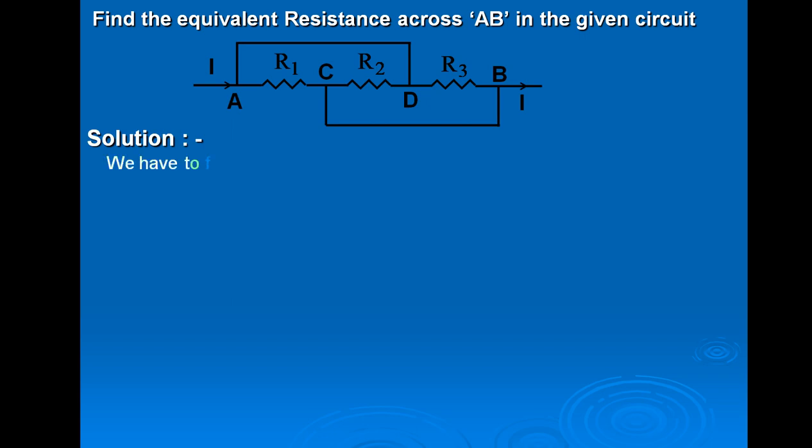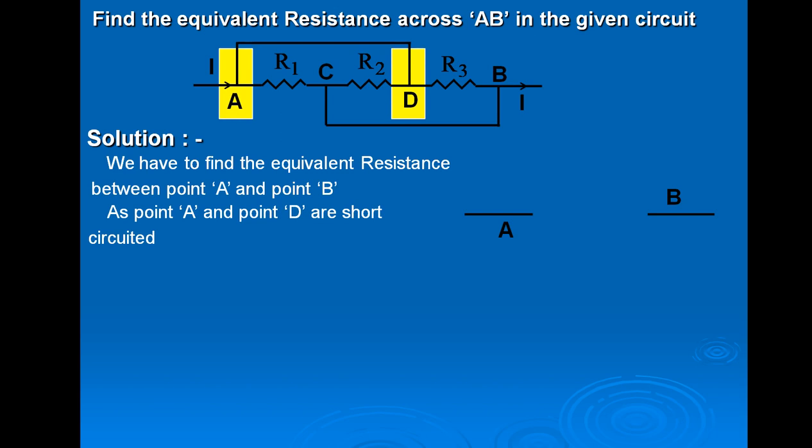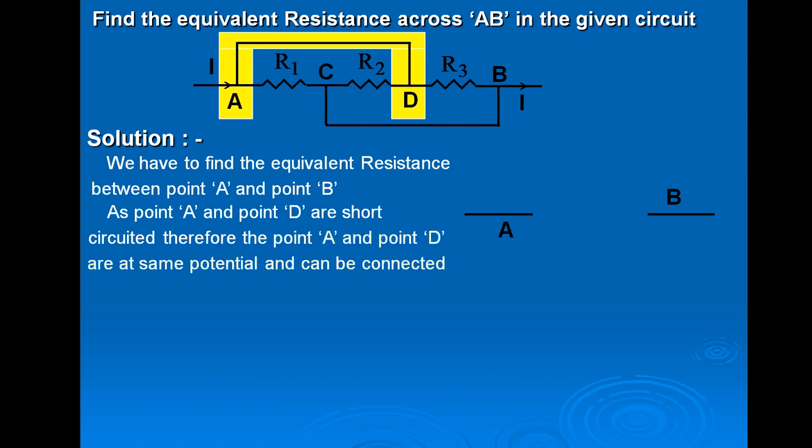Now the solution: we have to find the equivalent resistance between point A and point B. This is the point A and this is the point B. As point A and point D are short circuited, therefore, the point A and point D are at same potential and can be connected.